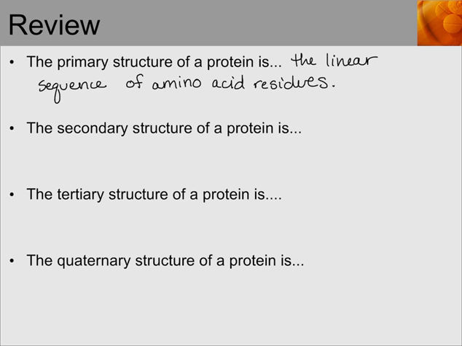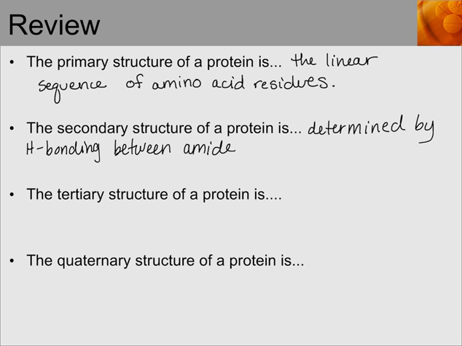Then the secondary structure depends on the primary structure, but the secondary structure of a protein is determined by H bonding, hydrogen bonding, between amide groups of amino acid residues.